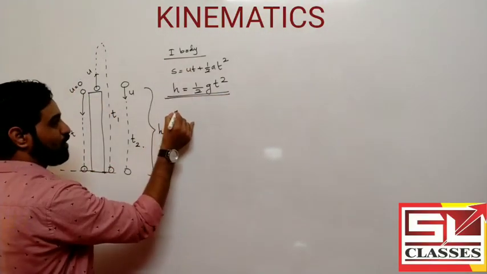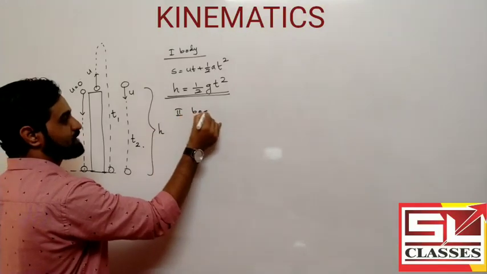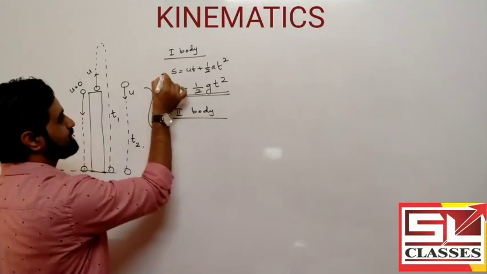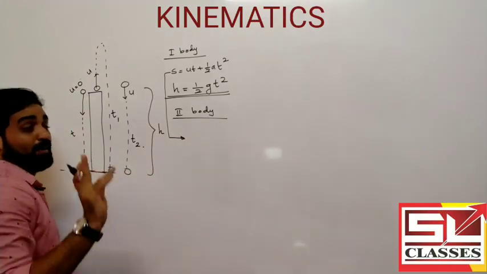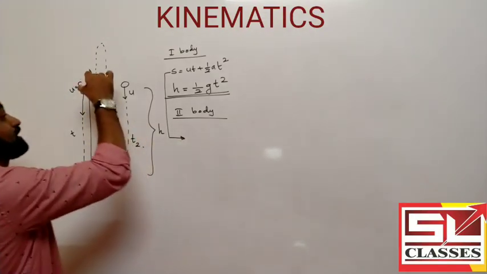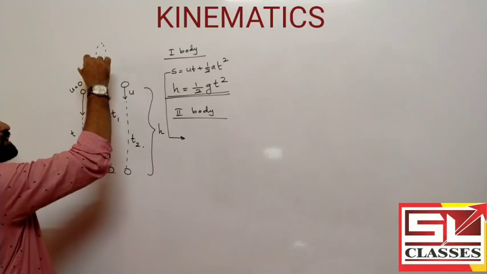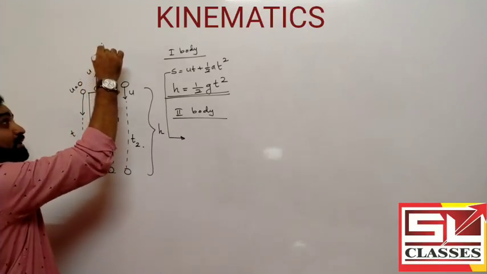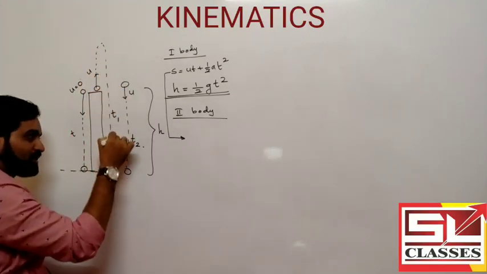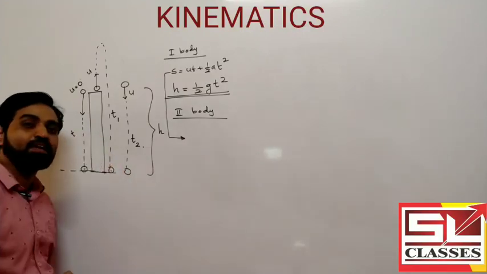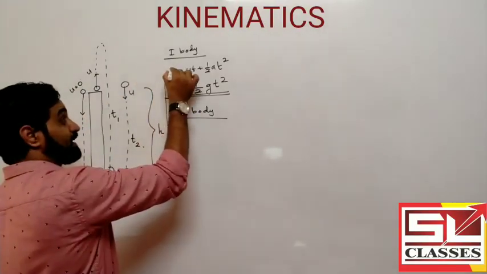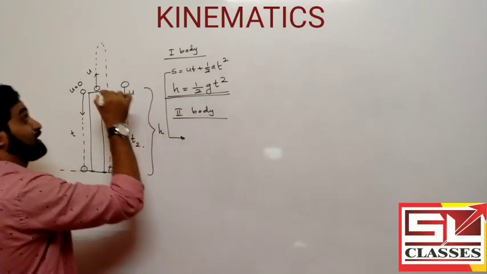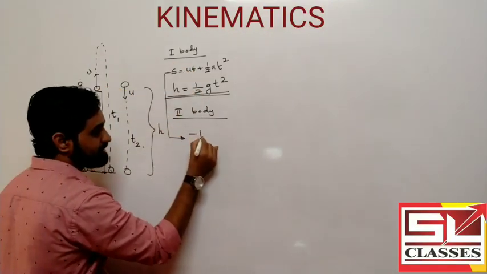Then for the second body, what about the second body? We have to write the same equation s for the second body. But listen very carefully, the body moves first in upward direction, then moves back in the opposite direction and finally reaches here. In that situation, when you write this equation, we generally take this displacement as minus h.